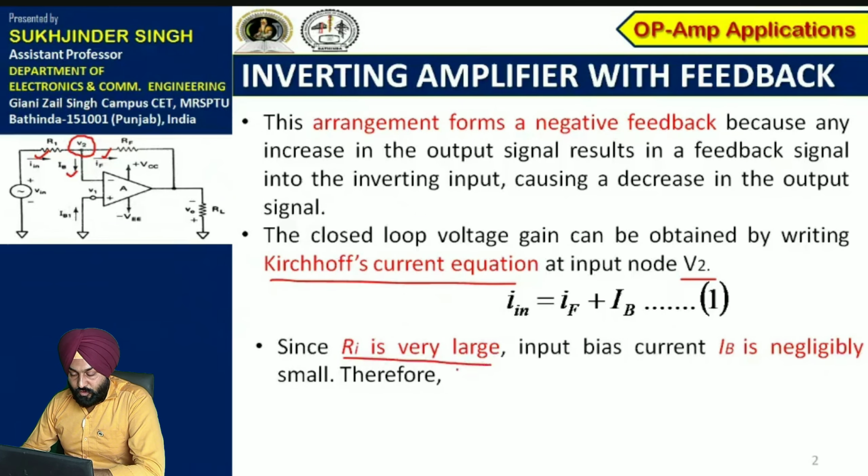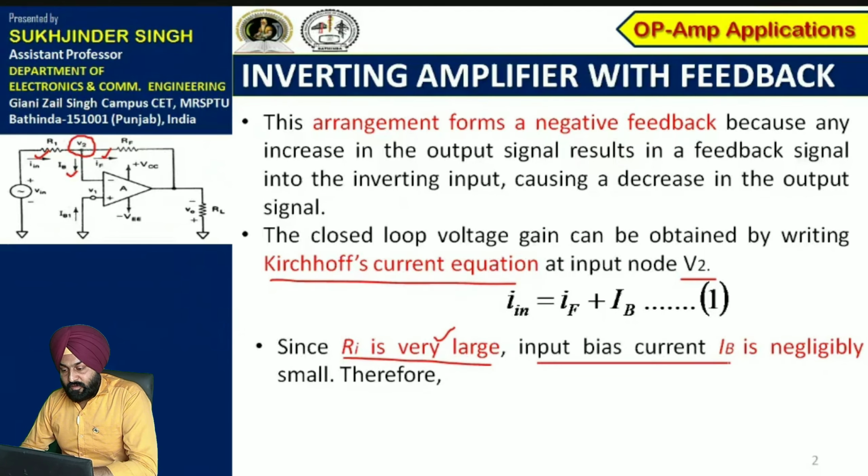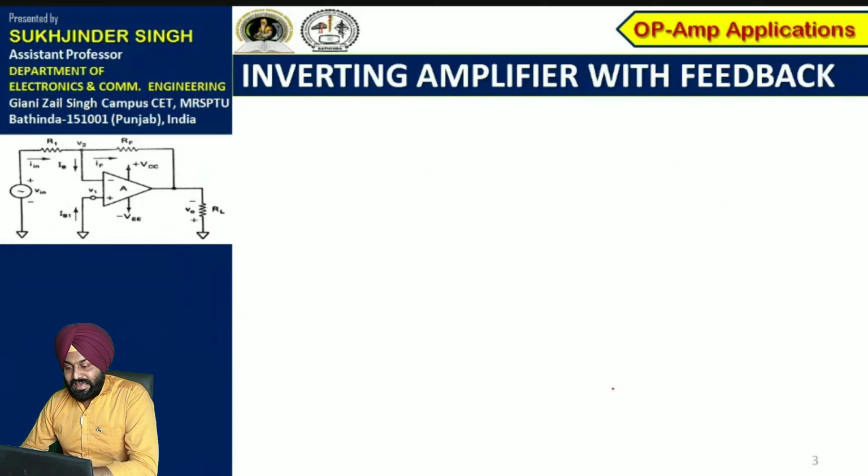As in the case of op-amp, its internal input resistance is very high, so that's why we can neglect its bias current, that is input bias current IB. Therefore, we can write IN is equal to IF.